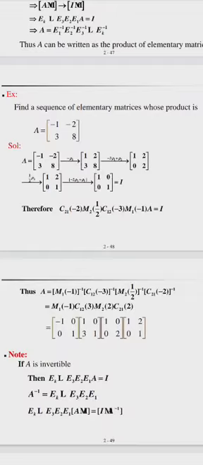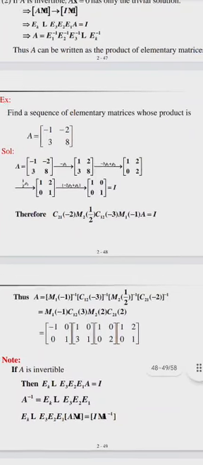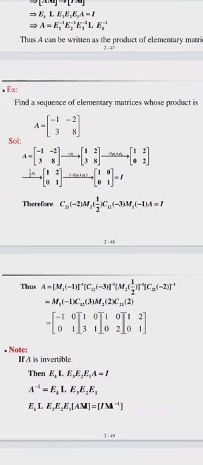Example: find a sequence of elementary matrices whose product is A equal to minus 1, minus 2, 3, 8. Solution: A equals minus 1, minus 2, 3, 8. Multiplying row 1 by minus 1, the matrix becomes 1 2, 3 8.